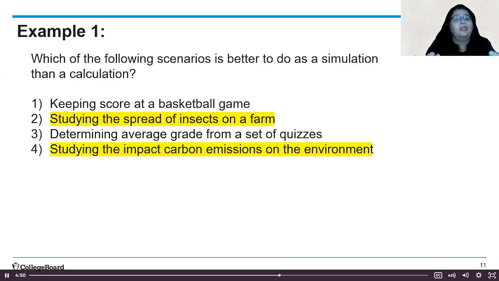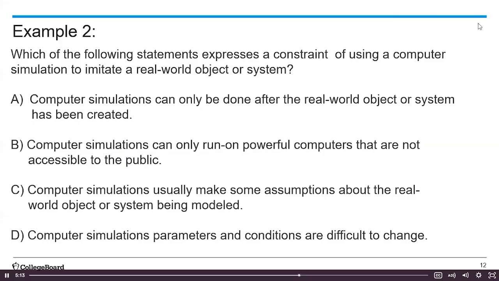Again, keeping the score at a basketball game or a soccer game, that's an actual number being produced. A simulation is not the best go for that one. And determining average grades from a set of quizzes, that's a straight up calculation. That's just taking your quizzes, summing the scores, and dividing by the number of quizzes you have. You don't need a simulation for that.